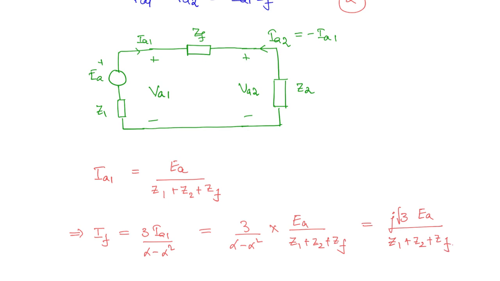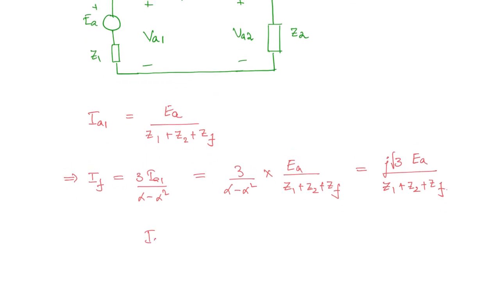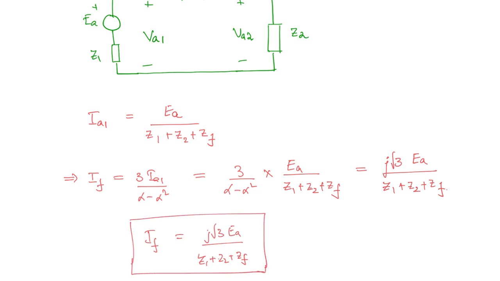Okay. So, this is the fault current. IF is J root 3 EA by Z1 plus Z2 plus ZF. What will happen if there is no fault impedance? Simply divided by Z1 plus Z2.